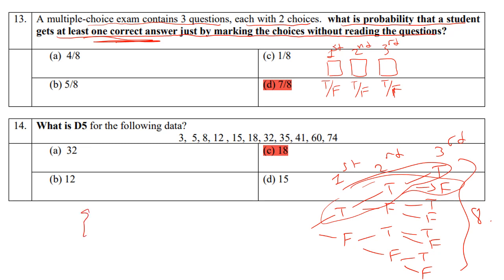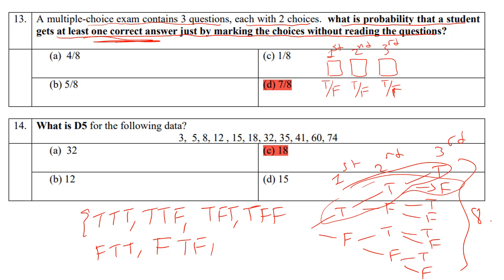So this is like T, T, T, T, T, F, T, F, T, and T, F, F, and then F, T, T, then F, T, F, and F, F, T, and F, F, F. So these are all false here.